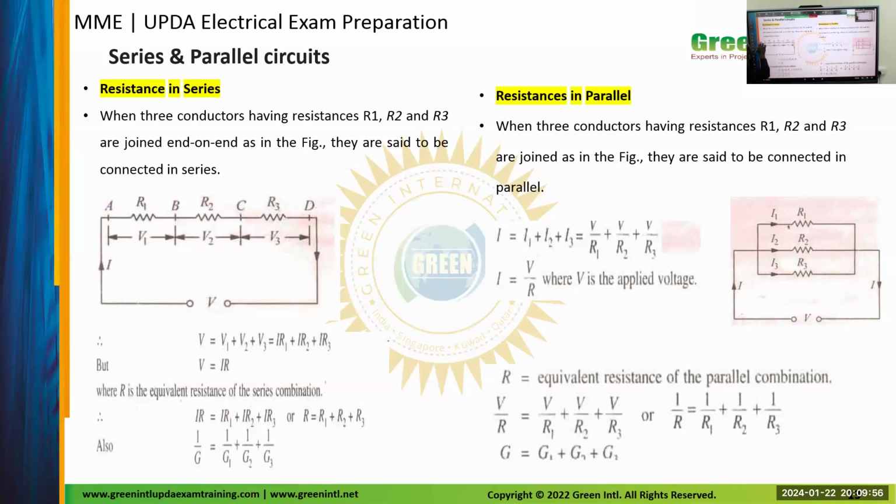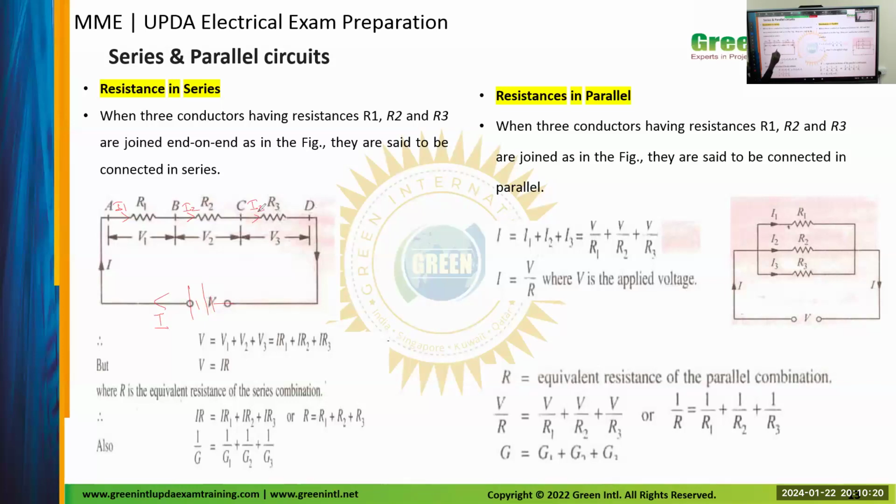So we arrange the circuit like this, and we apply the voltage V. The circuit is closed, so current will flow. Resistance R1 carries current I1, resistance R2 carries I2, and resistance R3 carries I3.